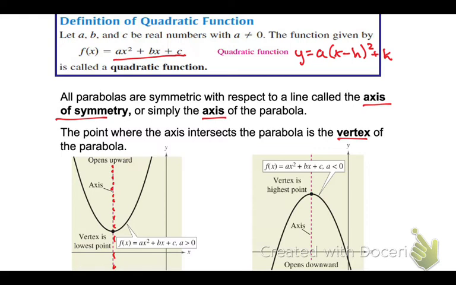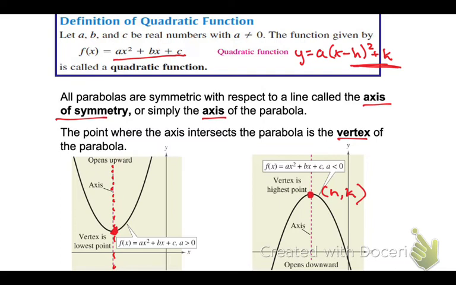On a parabola, does it always go through the vertex? Yes. And the vertex has what coordinates? It's the h and the k. The vertex is also either a relative minimum or a relative maximum.